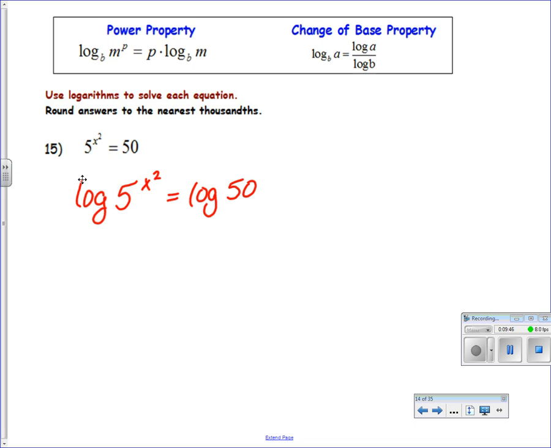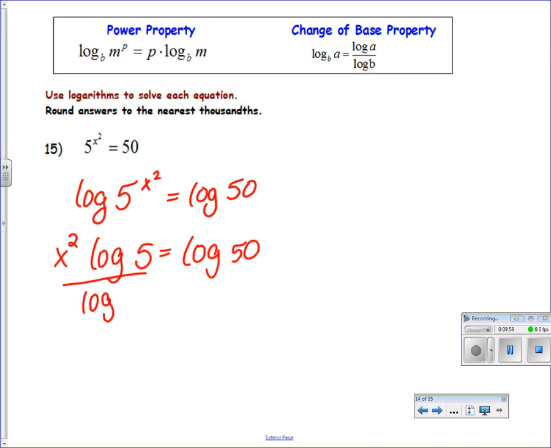But right now we're just going to move, using the power property, put that exponent in front. And then again, get the x squared by itself. So we're going to divide by the log of 5. And again, divide out the log of 50 divided by the log of 5, but then don't round it. I would just keep that value in your calculator.